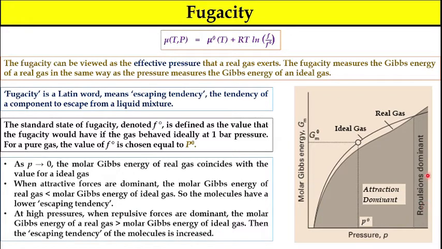Here you can see repulsion dominance means there is no attraction force between the two molecules. So the escaping tendency of the molecule increases. But here you can see attraction force dominant means two molecules have good attraction force and they have lower escaping tendency. Okay, so this is the fugacity. Fugacity means the effective pressure of real gas.